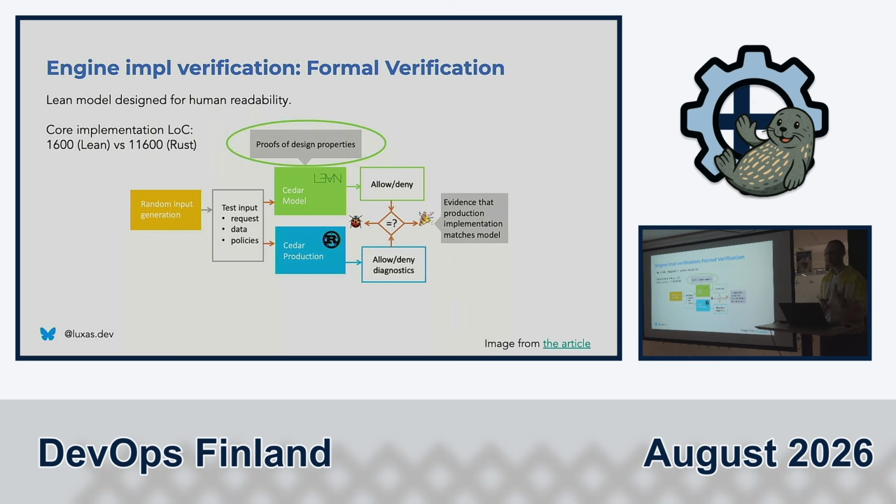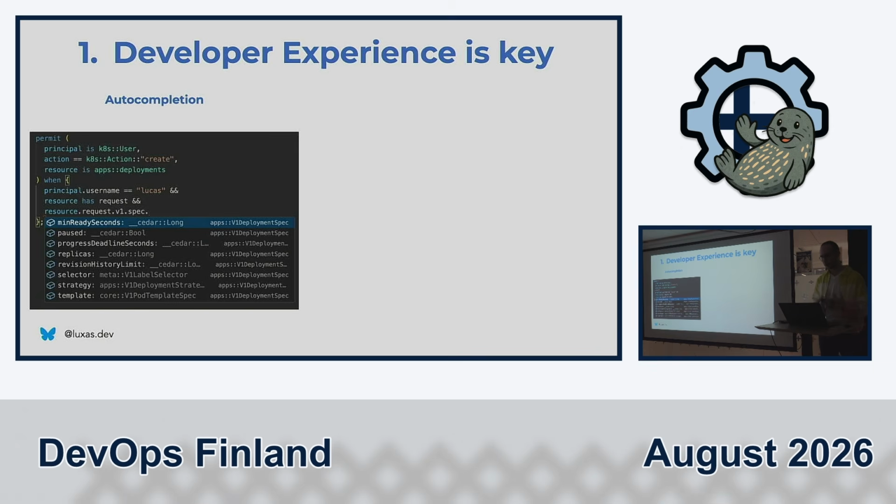So they have two implementations, and one of them is proven to be correct, and then they test them against each other. They generate millions of random unit or integration tests, run them against both engines, and check that they match. So that's what formal verification means in this context.